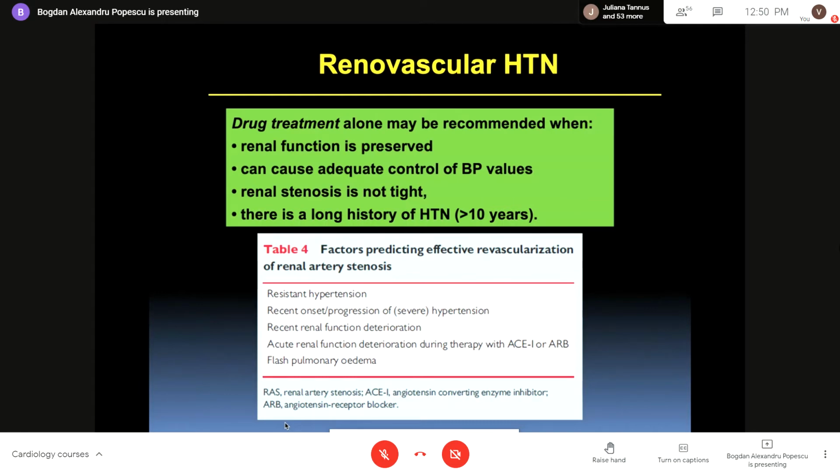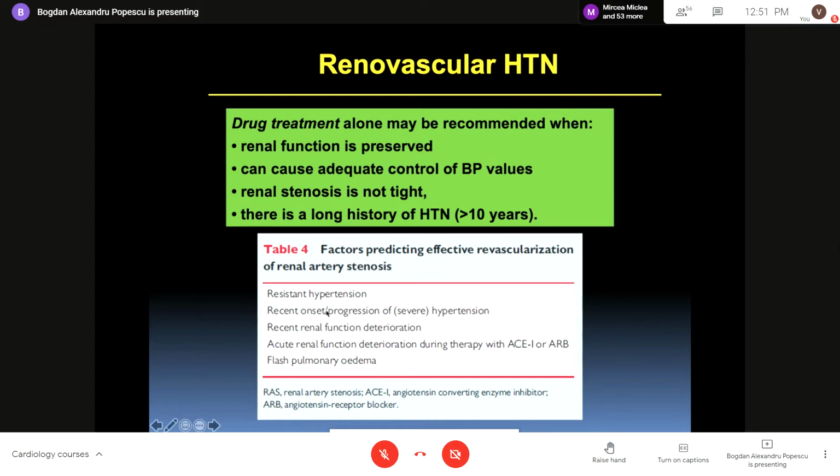Drug treatment is important, and sometimes it may be the only treatment in cases when renal function is normal or preserved, if you can adequately control blood pressure values by means of drugs, if renal stenosis is not very severe, and if this has a long-standing history of hypertension.